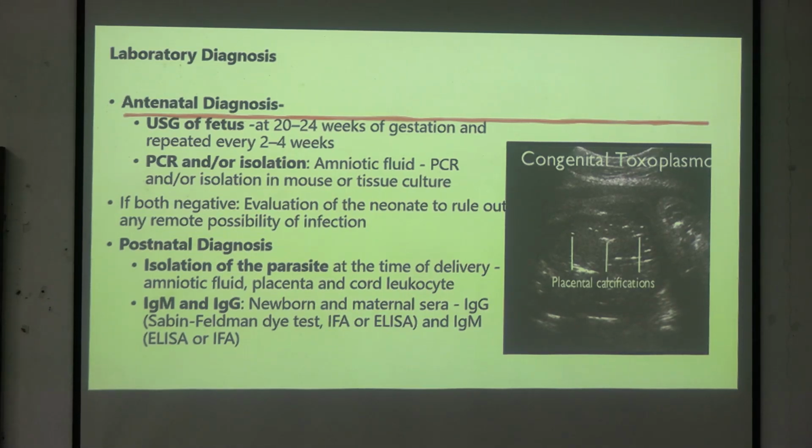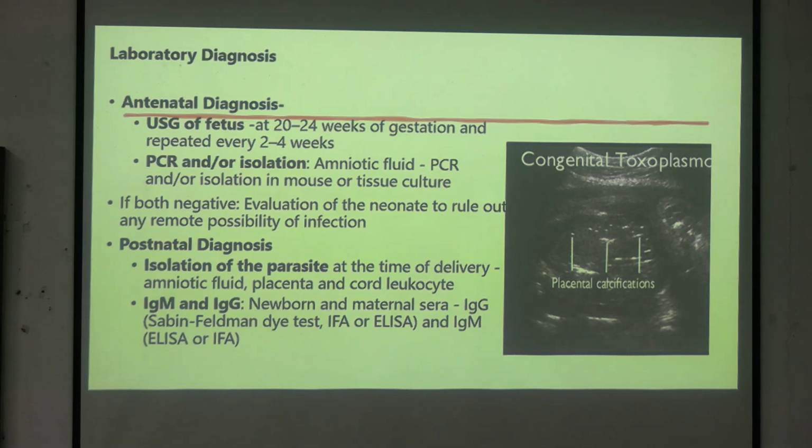Although it is an invasive procedure, it has its own risk of many complications in the pregnancy, but that is a method where you can do an amniotic fluid PCR, or an amniotic fluid culture, a live tissue culture in mouse or tissue.